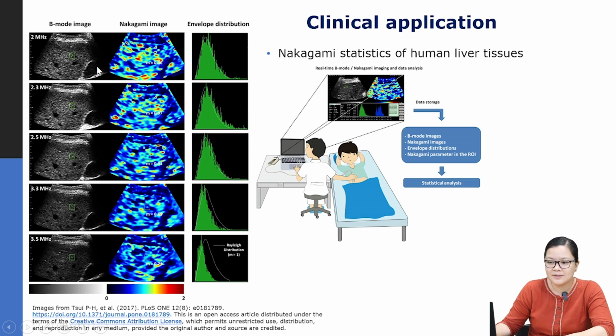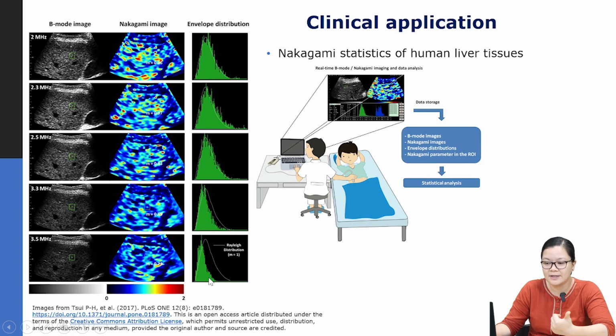And in this study, they were changing the transmit frequency of the transducer from 2 to 3.5 megahertz. And they wanted to assess how the Nakagami parameter changes as a function of frequency. And what is being shown based on these envelope distributions right here is that as you increase the frequency of the transducer, the distribution of the echo amplitudes deviates away from the Rayleigh distribution.